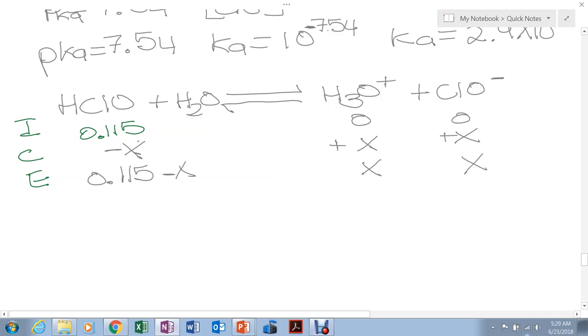So it's going to be Ka. I always do directly the change without the equilibrium, most of the time. H3O, ClO negative.